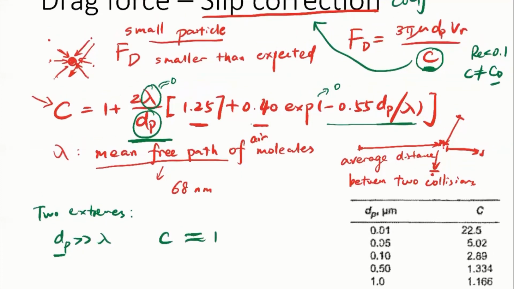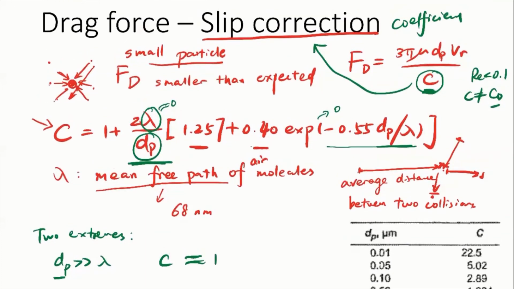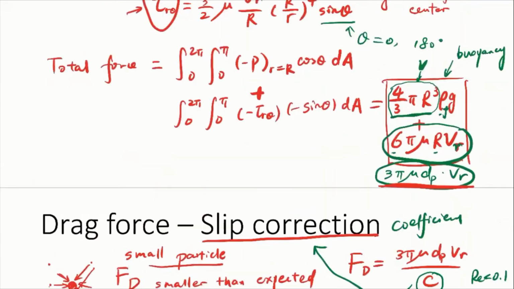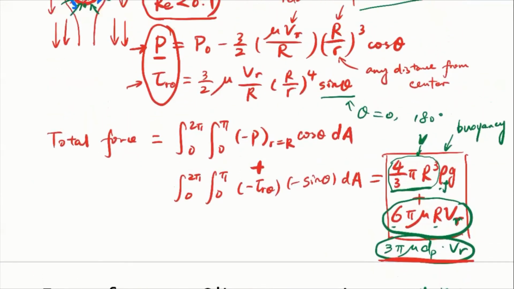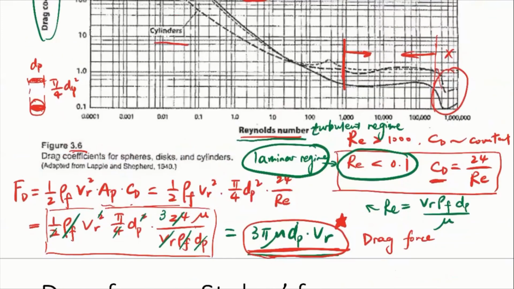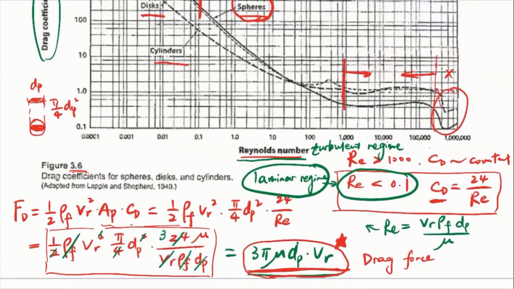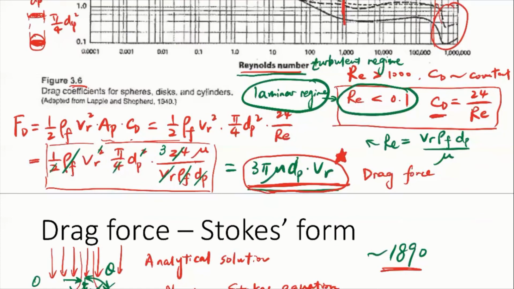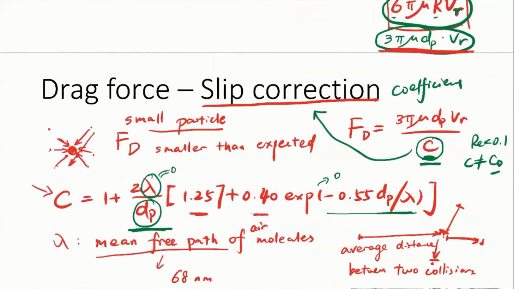And this makes a lot of sense. In the larger particle regime, C is equal to 1. Then we know the drag force still follows the Stokes equation, follows Newton's equation.